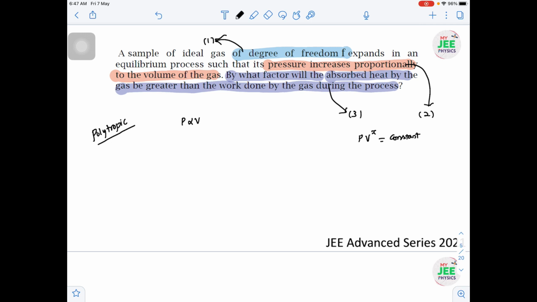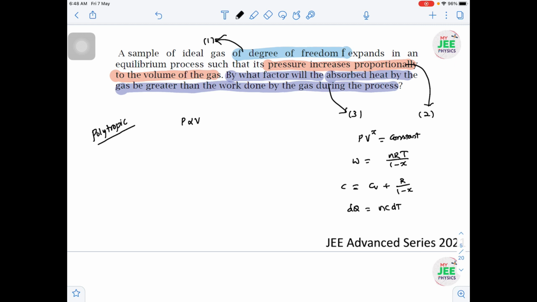Under this condition we can write the work done as nRT by 1 minus x. This is the work done, and the C value is equal to CV plus R by 1 minus x. If I know the CV value, I can go for the dQ value, which is nC dT, where C is the specific heat capacity of the gas for this process.